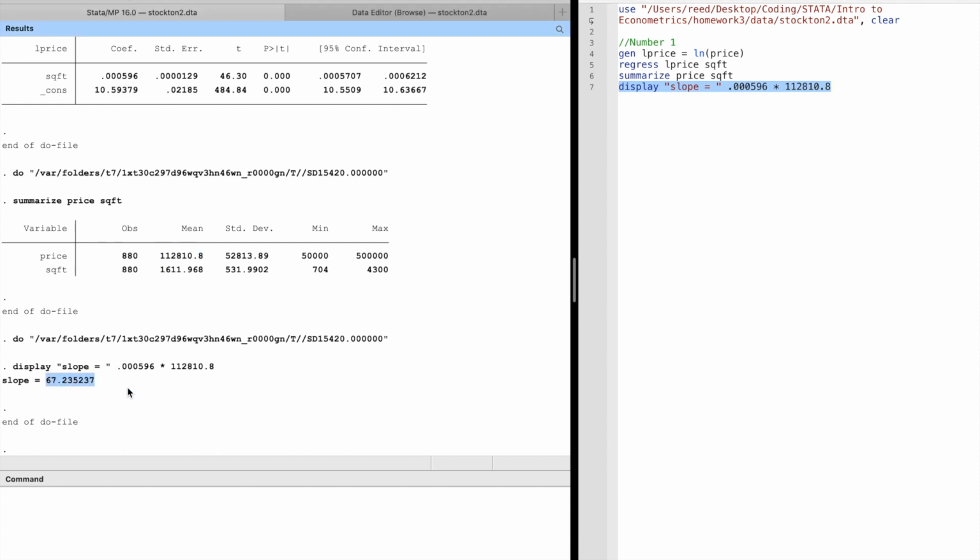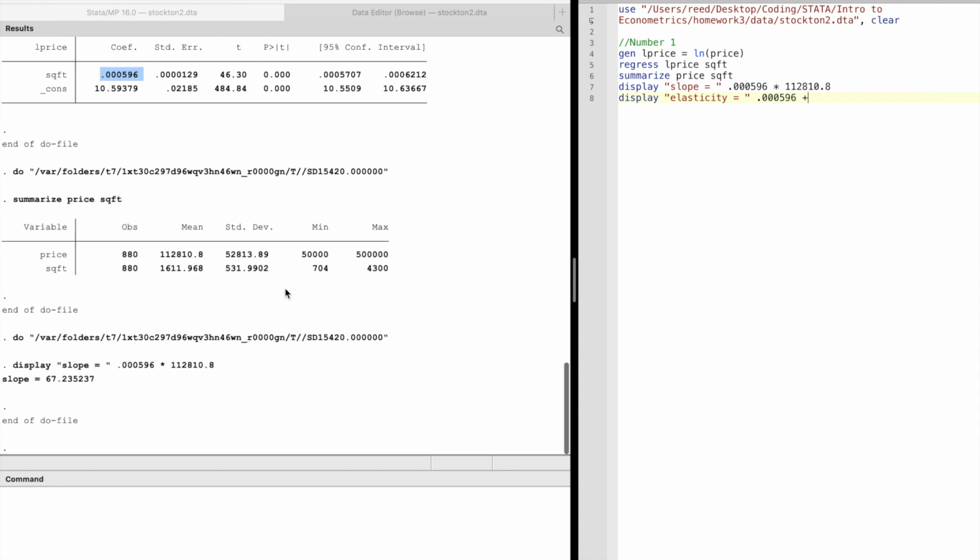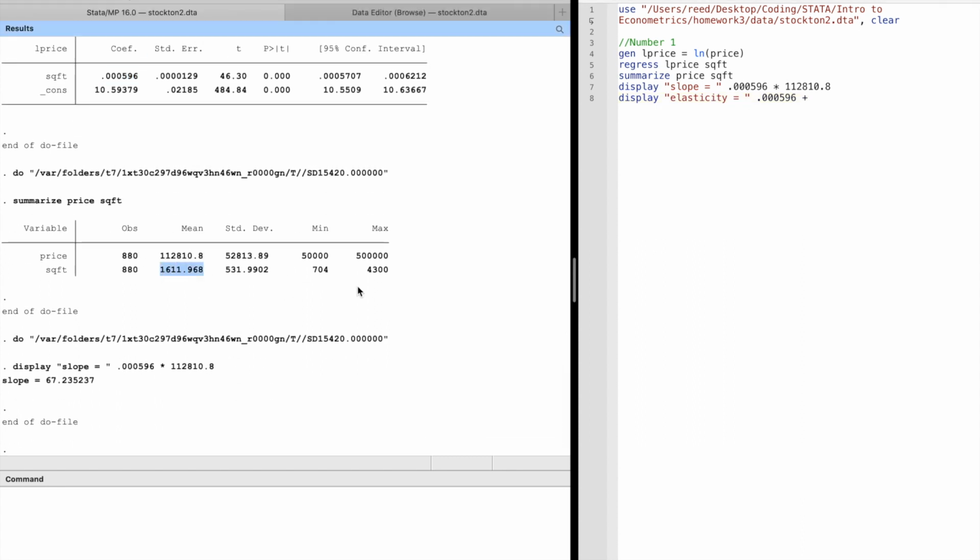That means this model estimates that every increase in square foot is associated with a $67.23 increase in price. Then we find our elasticity by multiplying our beta with the sample mean square footage.